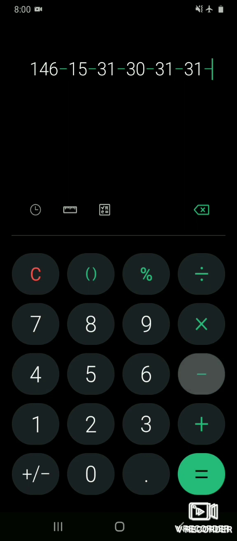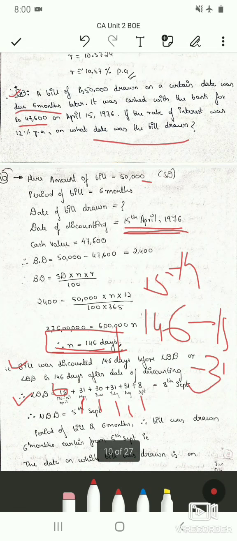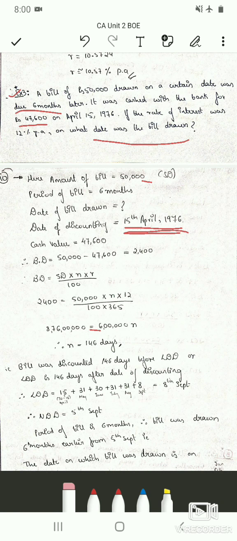So next 8 days is remaining, that is for September. So we have taken till 8th September. So whatever answer you will get at the end, that is your legal due date. So legal due date is 8th September.